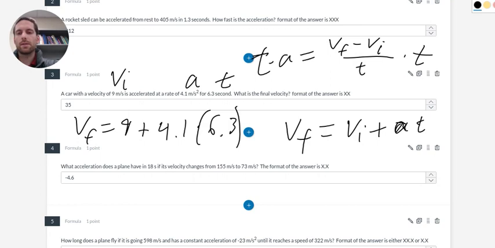And notice how this is in meters over seconds, and this is in meters over seconds squared, but this is in seconds. So that's going to cancel, and we get the right unit.